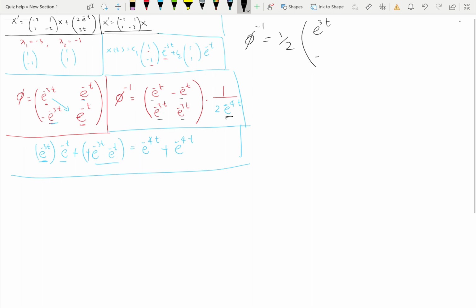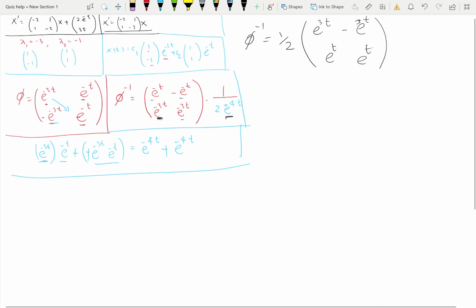Here negative e to the -3t times e to the 4t is e to the t. Here negative e to the 3t. Here e to the t. Okay, did I do that correctly? Here we don't have a minus, right? Yes. Okay. So this is the phi inverse.